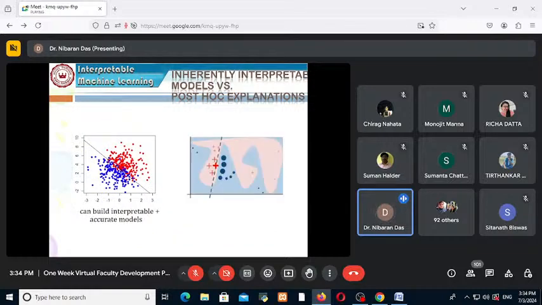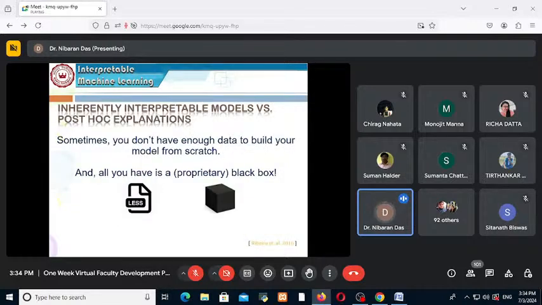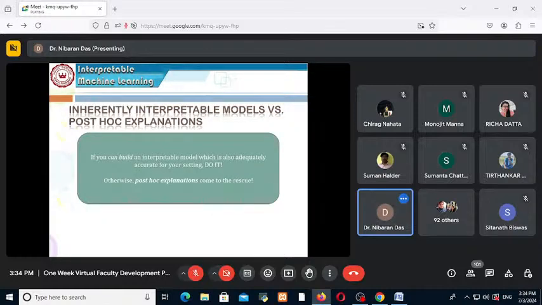And we could even use some local interpretability model to explain a more complex model, and post-hoc explanation might also be required in some cases when we do not have any prior knowledge about the model. So if an interpretable model is not adequately accurate for the setting, we need to develop the corresponding model, and post-hoc explanation comes to the rescue in that case.